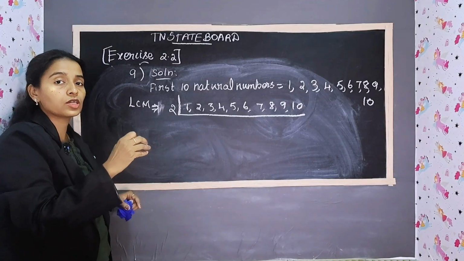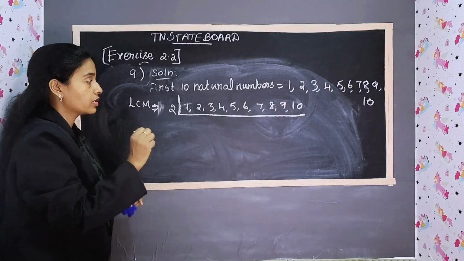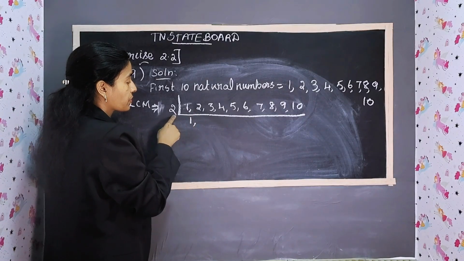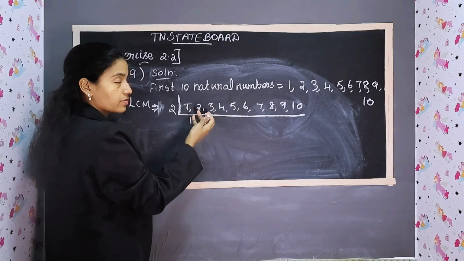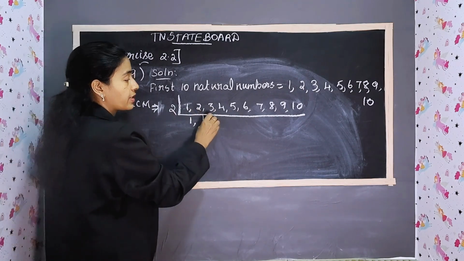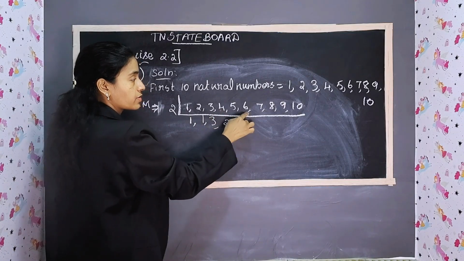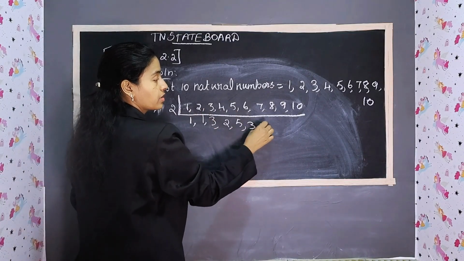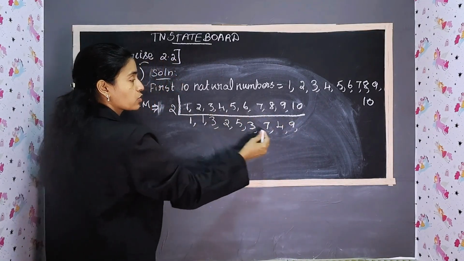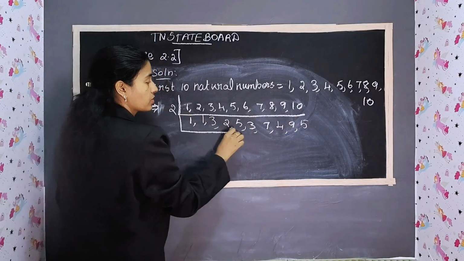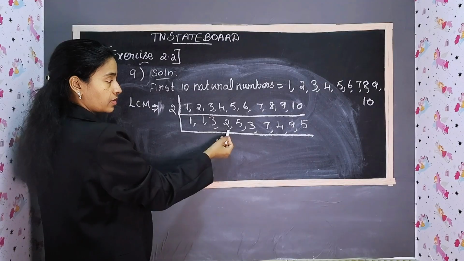In next step, we are going to find out a particular number. Okay, now 1, 2 by 2, answer 1, right? 3 by 2, the remainder will be coming. So I'm writing 3. If I'm dividing 4 by 2, I'll be getting 2, right? And then 5, 6 by 2, 3, and 7, 8 by 2, 4, 9, 10 by 2, 5, right? And again I can divide by 2.